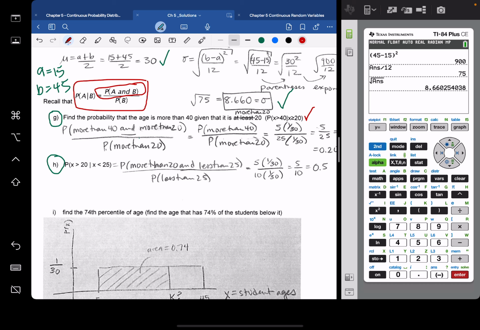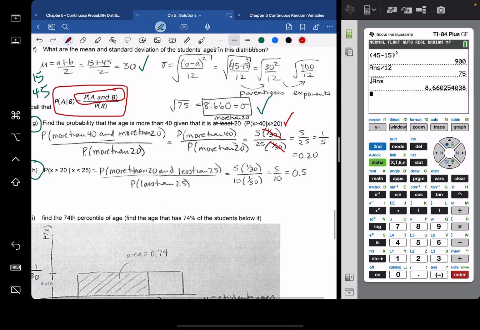And then you multiply by 1 over 30 because that's the height. And then for the denominator, probability of more than 20, well, more than 20 is going to be 25 units wide times 1 over 30. Then these fractions cancel out, and you end up with your answer.